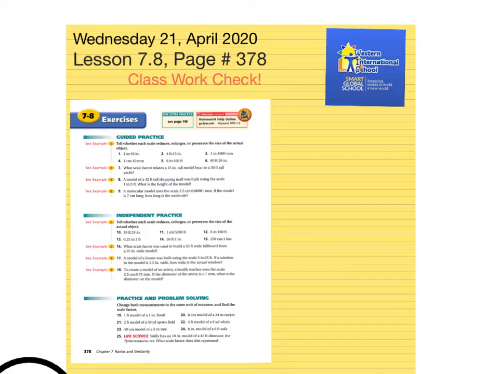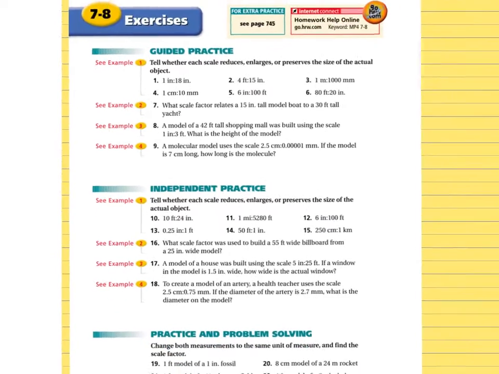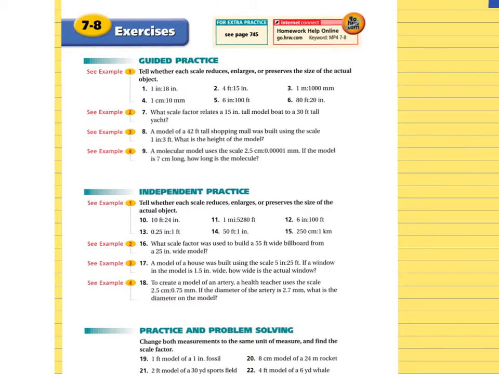Today, we're going to do classwork check from last class on lesson 7.8, page 378. The idea for today is basically to review finding the scale factor or finding the missing measure. It can be either for the model or for the real object.